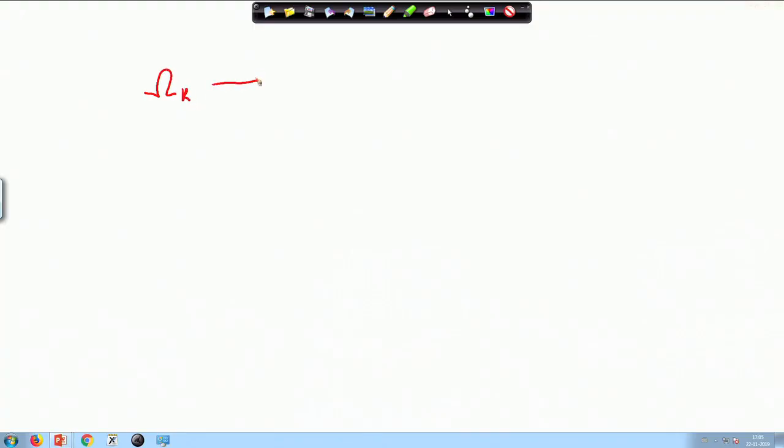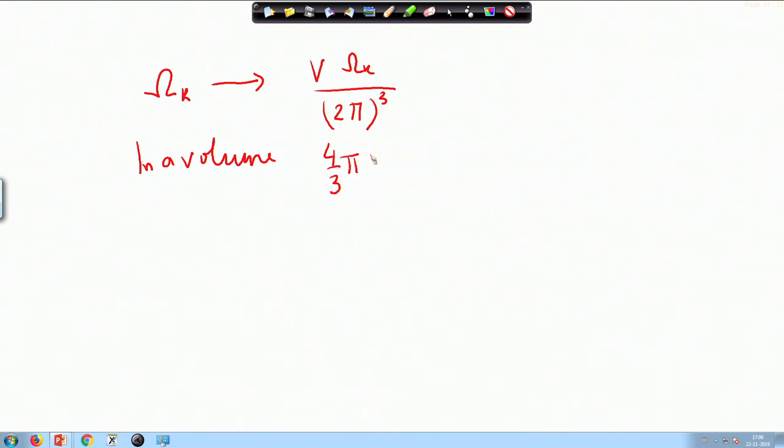Now, we just showed that in a volume omega k in k space, you have V times omega k divided by 2 pi cube number of states. So, then in a volume of a sphere which is 4/3 pi k cube, up to a momentum k, the number of states is V omega k.